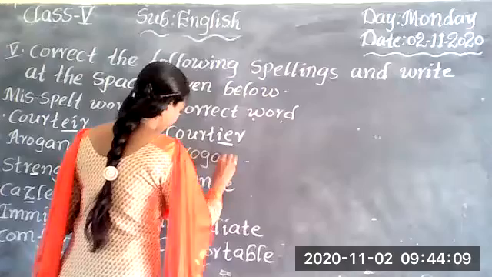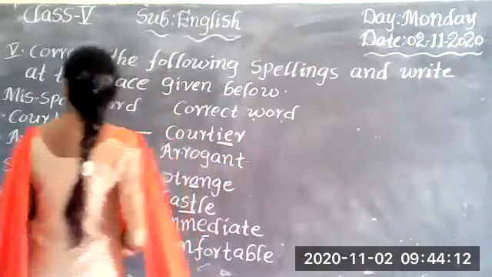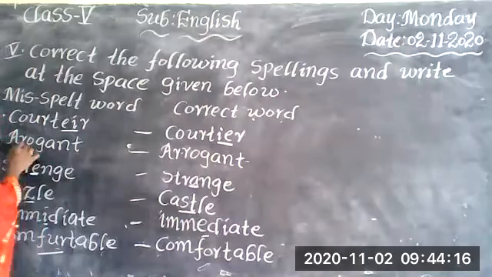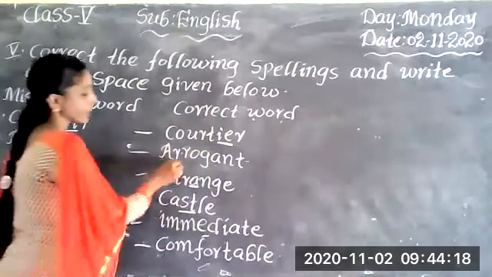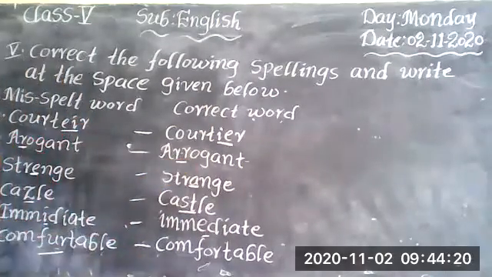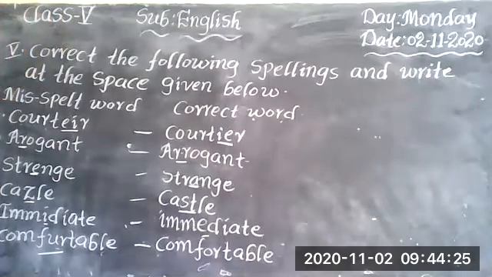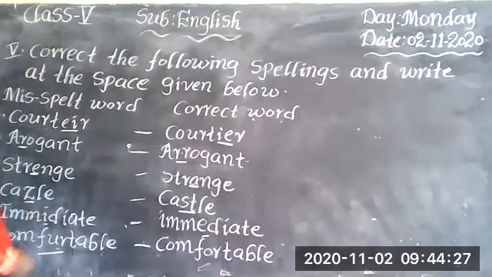AROGANT, arrogant. So here we have to write only one more R. Very good. Satvik. Okay, right.